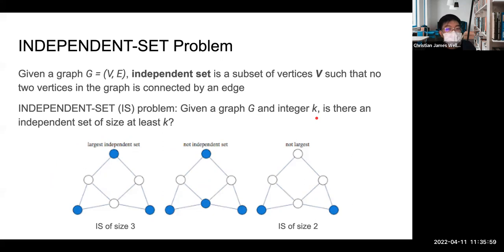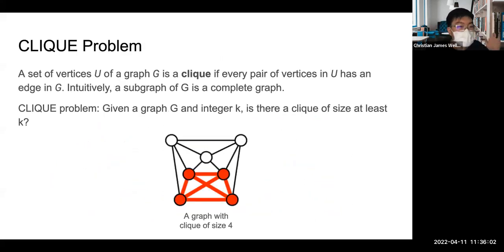That's independent set. Now the CLIQUE problem. A set of vertices U of graph G is a clique if every pair of vertices in U has an edge in G. Intuitively, this means that a subgraph of G is a complete graph.